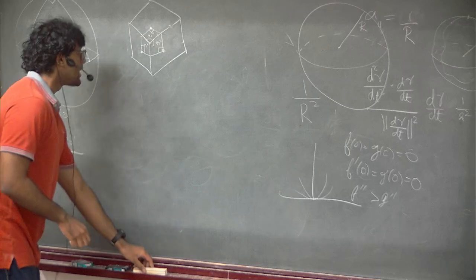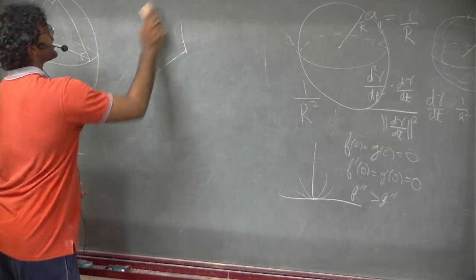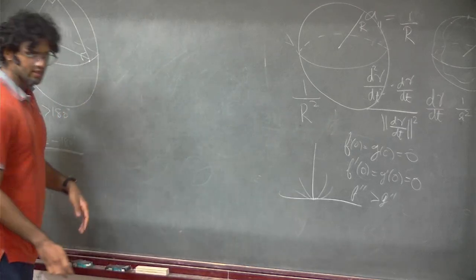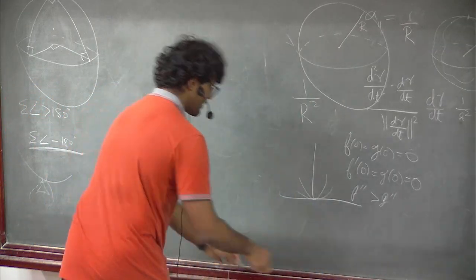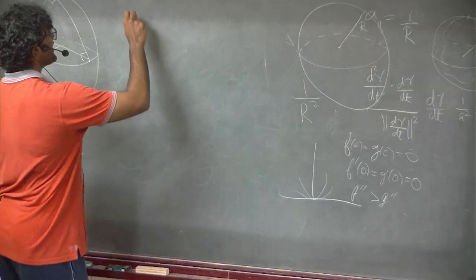Now, we want to show that it's independent of our choice of triangle. So I'll make an illustration.